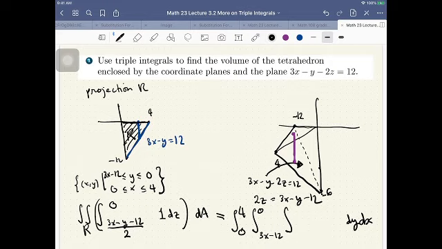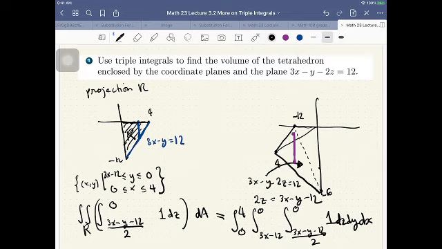And finally, on the left, you have 3x minus y minus 12 all over 2 to 0, and you're integrating 1 because you're finding the volume. This corresponds to dz. Do you want to finish this one? Maybe I'll do one more step, and I think the next steps would be cumbersome, so I would leave the final answer to you.